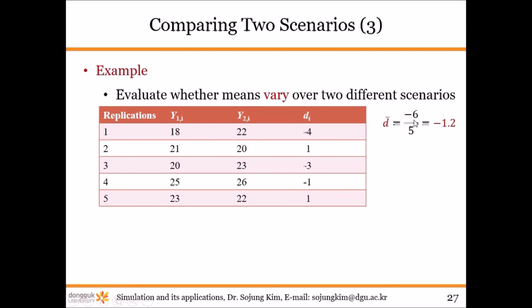So -6 over 5 will give you -1.2, okay? And also the standard deviation. So n-1 will be 4, right? 5 minus 1 is 4, and that's the degree of freedom. And 20.8 over 4, then you take the square root of this number, so that the standard deviation of D will be 2.28.